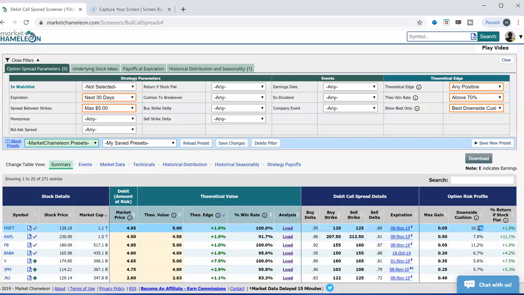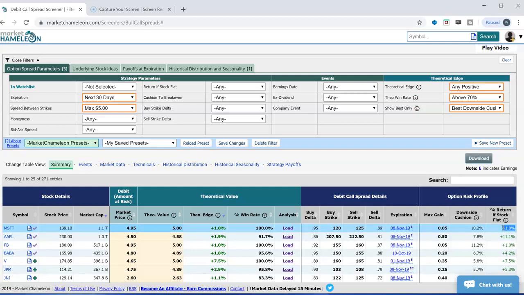So you have a 10.2% cushion. In other words, even if Microsoft goes from 139.10 down to 125, you're still making this max gain. It could still go below 125 by 5 cents until you break even. So you have a 10.2% cushion.